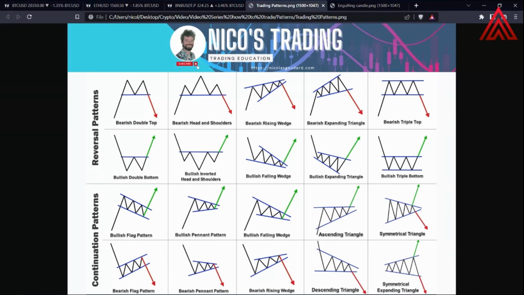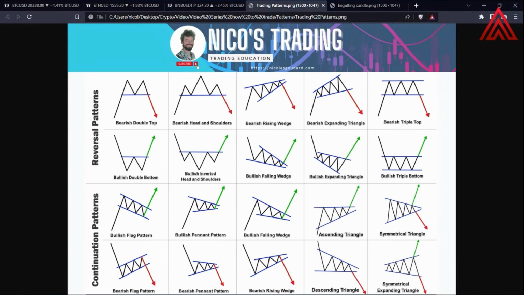Remember in the last videos when we talked about the trend, the price is going to carry on going up or going down. So those are continuation patterns. And then you've got the reversal patterns. Those are patterns that will tell you that the price is going to change direction, so the trend is going to change from going up or down to the opposite.